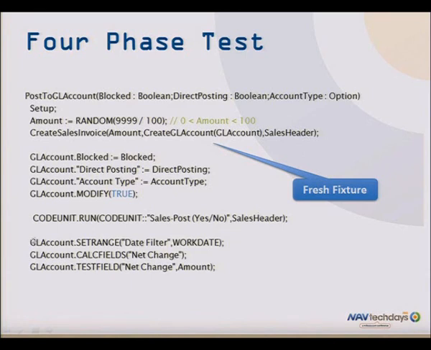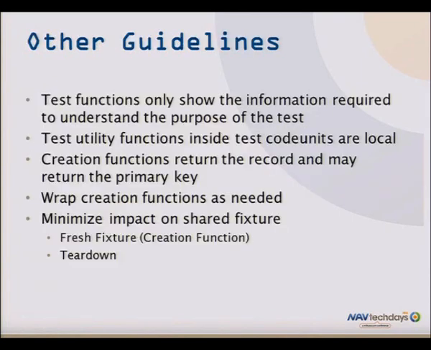Then a phase where you verify that the result is as expected. And then the 4th phase, that is not always there, where you might want to clean up some stuff for tests that come after this one. So we saw these guidelines that test functions need to be local and that you can wrap creation functions if you need something specific.